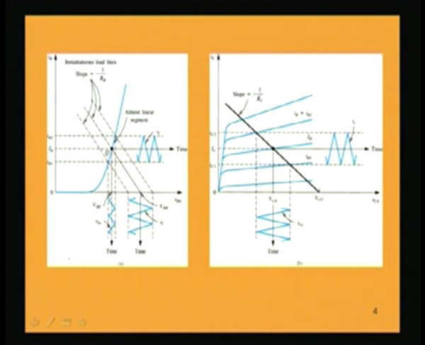So, in the base-emitter region, if we concentrate on the input characteristic, that is the characteristic between the base current and the base to emitter voltage, we have a change in V_BE due to the application of the signal.